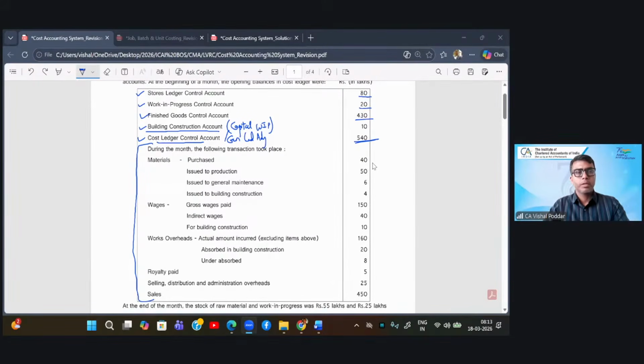Chalo, make it a bit fast. You can use short forms for the time being while passing the entries. See, whatever transaction you feel is not comfortable, you may leave it for the time being. But others, at least pass them.